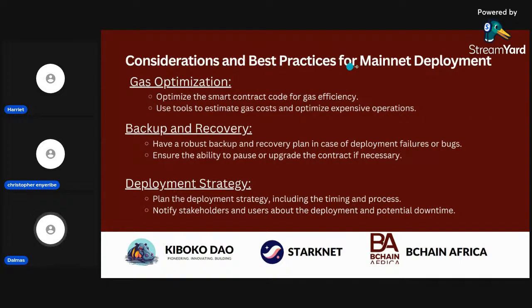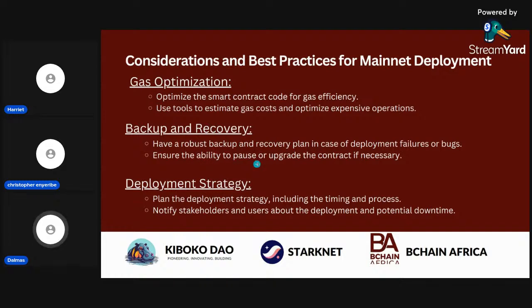Considerations and best practices for mainnet deployment. Make sure you have optimized your gas usage, backup and recovery. So in this case, it means you make sure you have a better environment in case somebody notices a bug. For example, you can move funds out of the contract. That's a backup and recovery procedure, and then return them back when everything settles down.